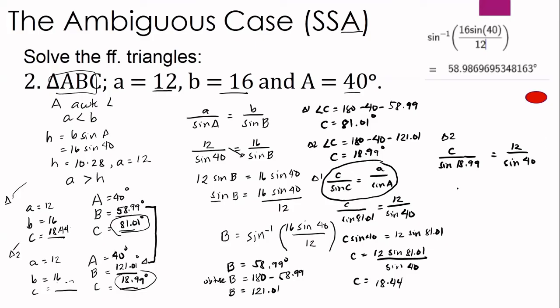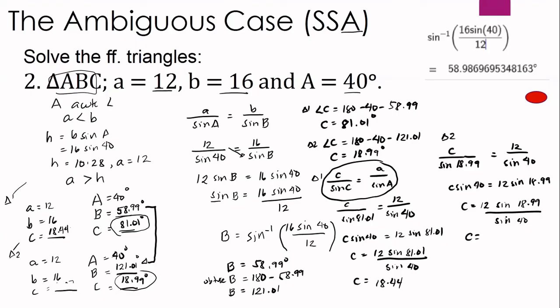Cross multiplication, C sin 40 equals 12 sin 18.99. Again, ang kukuhanin natin ay C. So, we use MPE. The resulting equation is 12 sin 18.99 over sin 40. And then, calculator na lang ang gagamitin.